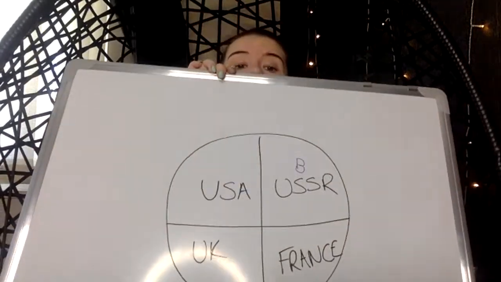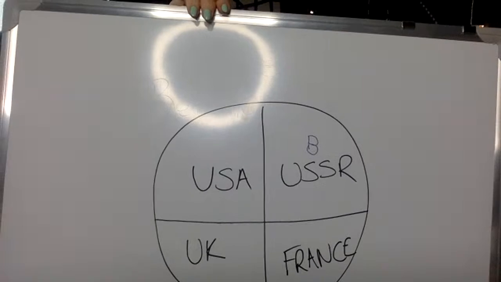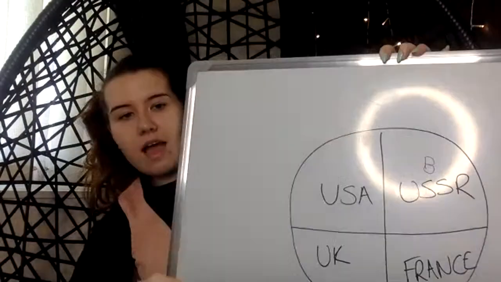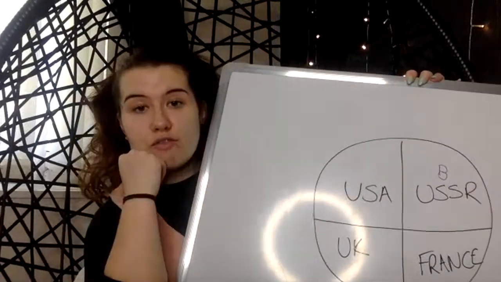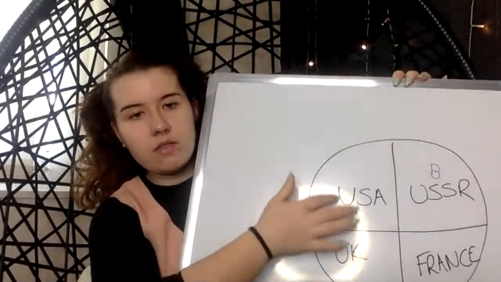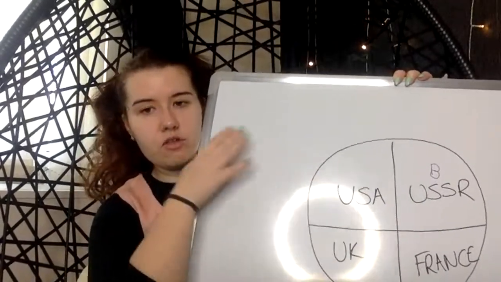Right, so this is Germany, and we've got the USA, the UK, and France and the USSR all have sections of Germany. So we've got the East, the East has got the USSR, and then the West is our 3 different countries here.